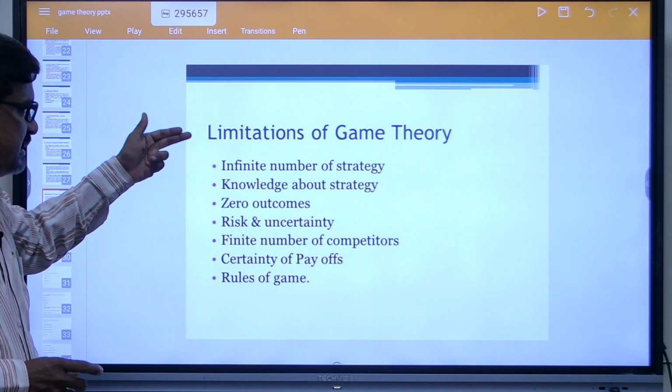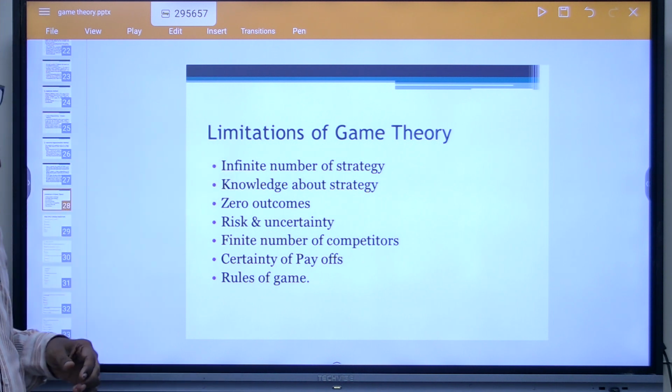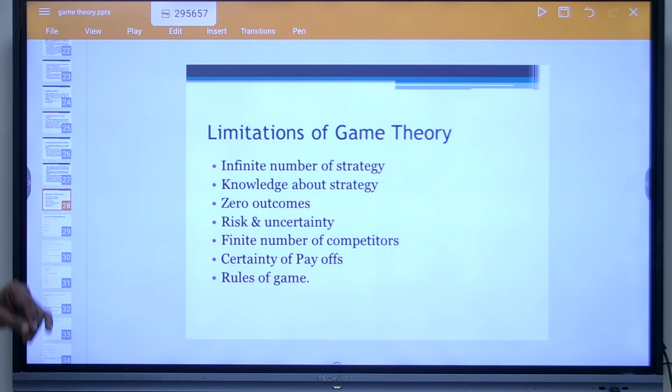Another limitation is the knowledge about the strategy. We have lesser knowledge about the strategies of the opponents. So, how do we decide which strategy they are going to adopt? This is one of the limitations.